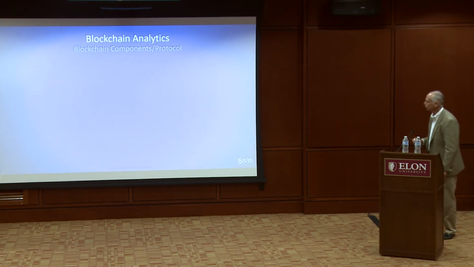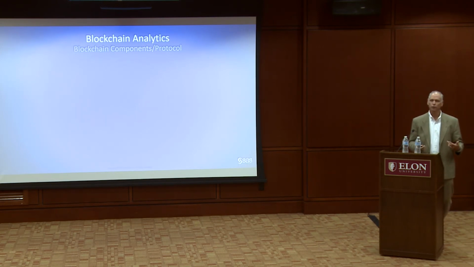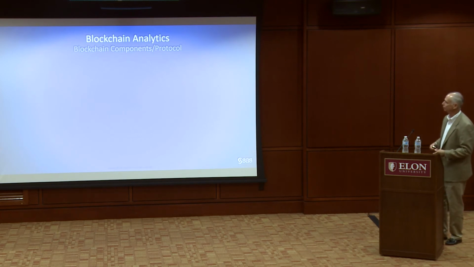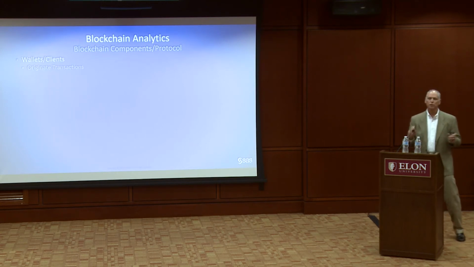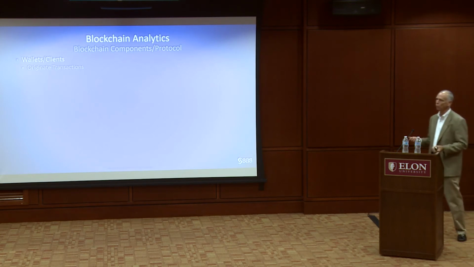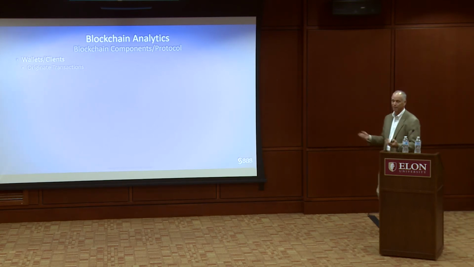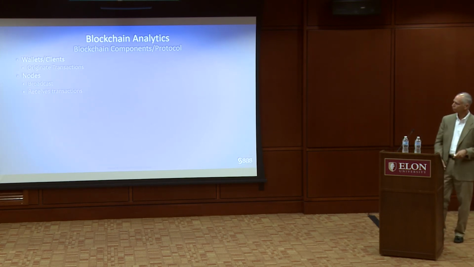So let's talk about blockchain components. And the reason I'm going to do that is because when I get into the analytics discussion on how you can measure analytics on a blockchain, we're going to break it into 2 pieces. There's wallets and clients. As you know, when you use Bitcoin, whether you do it through an exchange or you download software and create your own wallets, this is how you create and originate transactions.